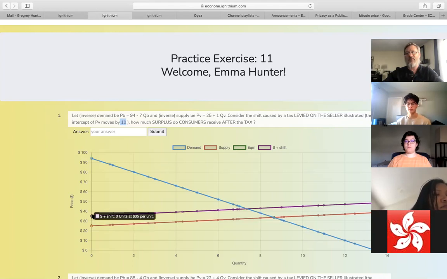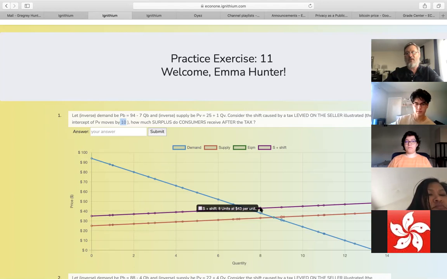So the minimum price he can charge to recover all of his costs for the 8th unit is $33 in labor and materials plus another $10 in taxes. If he doesn't get at least $43, can you see what I'm pointing out, Noah? If he doesn't get at least $43 for that 8th unit, then he's going to lose money.